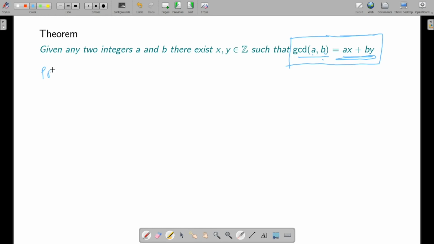All you have to do is look at all possible linear combinations. Say you take S to be the set of all AU plus BV, greater than or equal to 0, such that U and V are in Z.